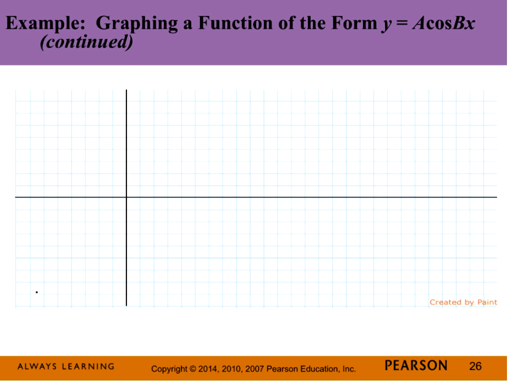Putting it on the graph. All right, I'm just going to label my axes here. I have 1, 2, 3, 4, because I know my amplitude is 4.